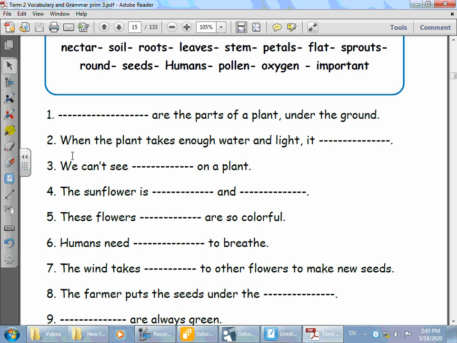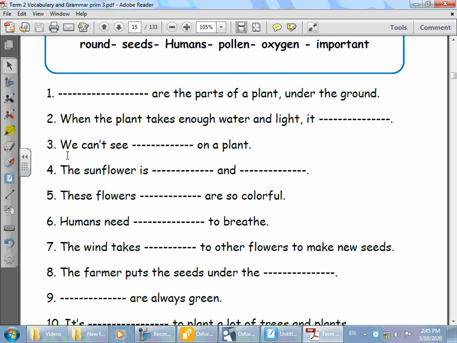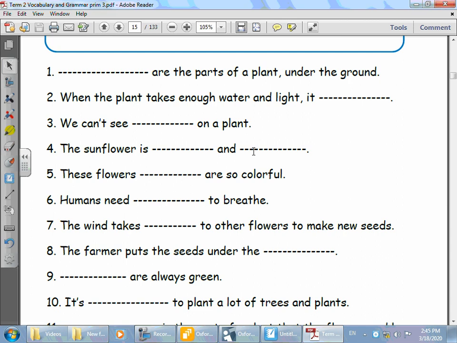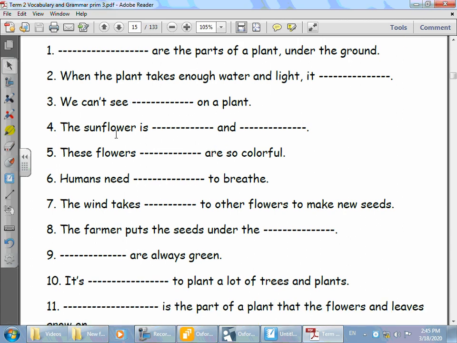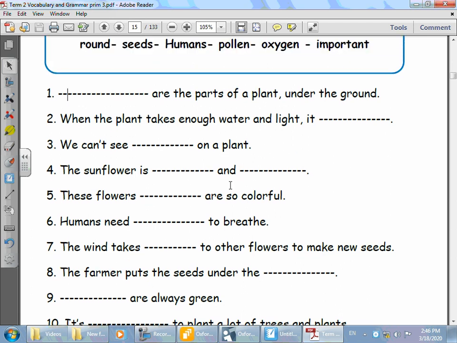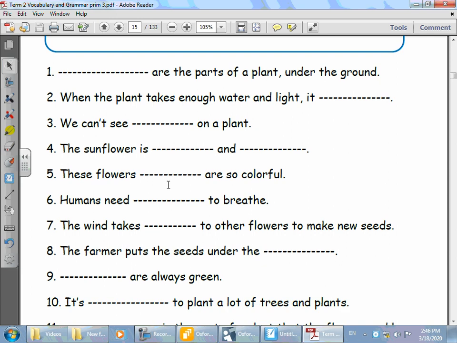When the plant takes enough water and light, what happens when it takes water and light? It what? Excellent, it sprouts, it grows. Okay, we can't see what on a plant? What is the liquid that we cannot see? Very good, the nectar. Okay, number 4. The sunflower is what and what? Excellent, it's round and flat.